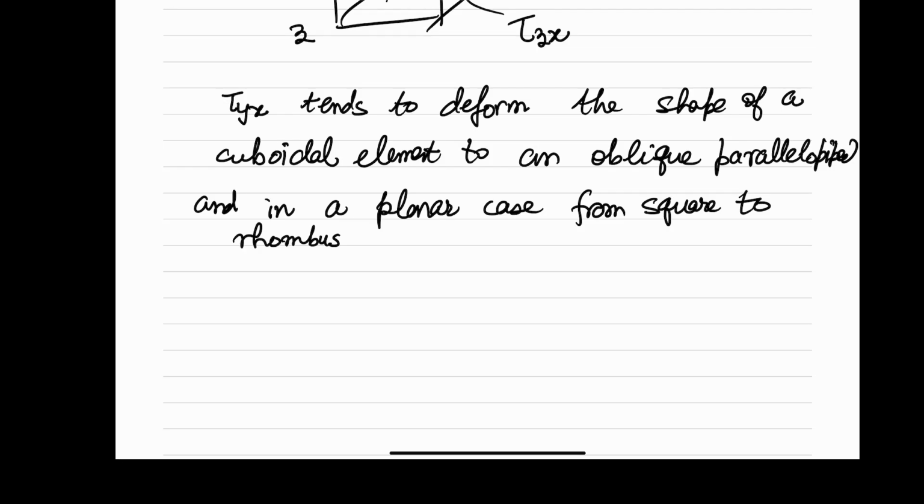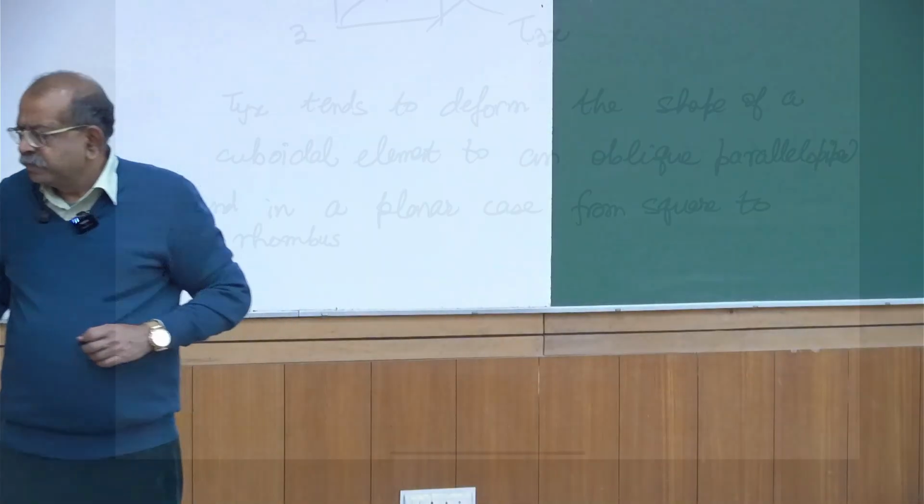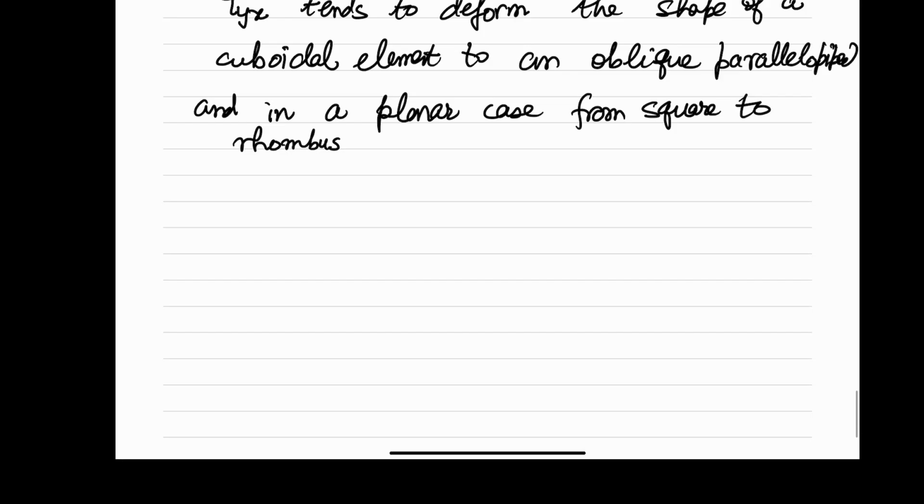If it's a planar case, then if we start from a square element, because of this stress, the angle will change. So if this was the original picture, this will change to something like this.